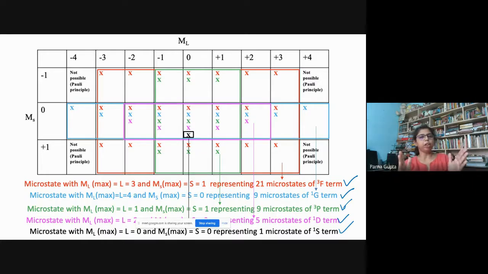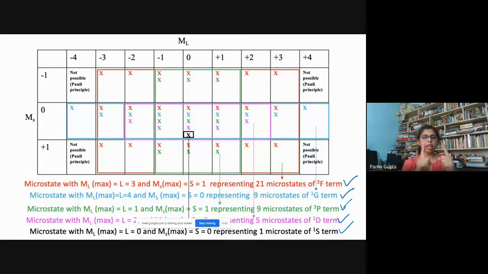As I told you, the highest L value and the highest S value will have the ground term. But what the scientists have seen is that the ground term remains the same, but the other terms do not follow the way we expect exactly.